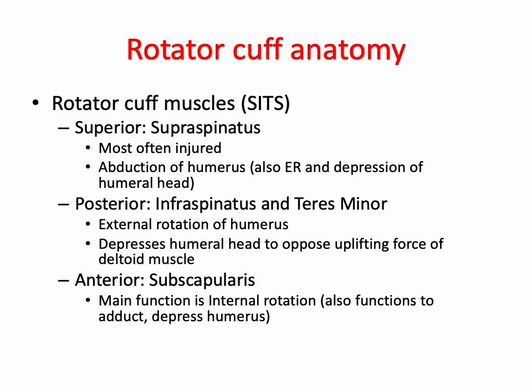The infraspinatus and teres minor are in the infraspinous fossa, the teres minor originating on the lateral border of the posterior scapula, both involved in external rotation of the humerus. On the anterior surface of the scapula, adjacent to the thoracic cage, is the subscapularis.